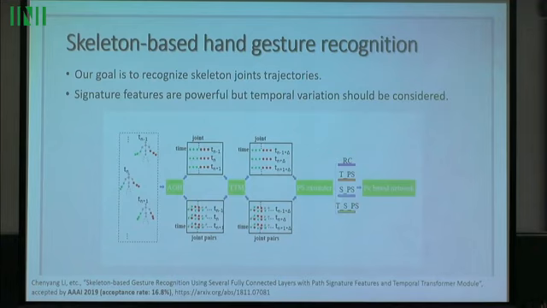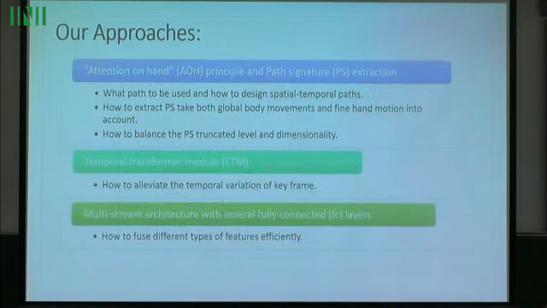So we use this module to characterize their temporal variation, and then we use multiple path signatures and a multi-path framework to finally combine them together. This is the general idea. I will explain one by one.